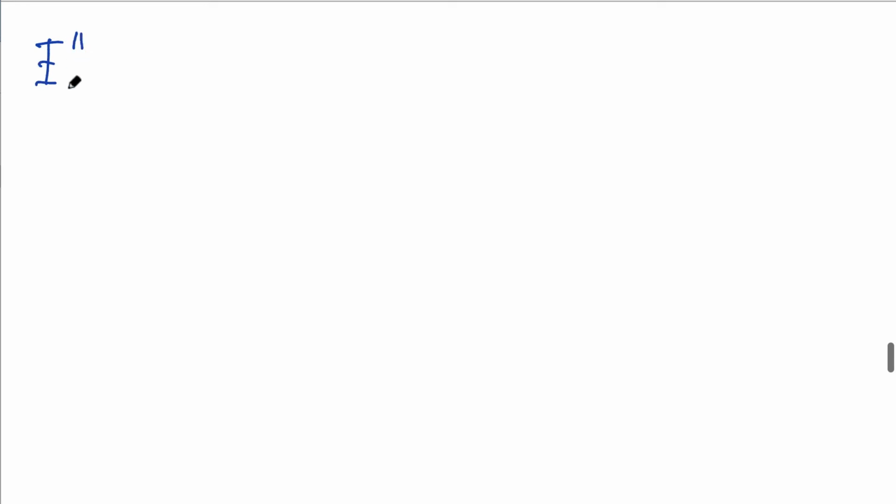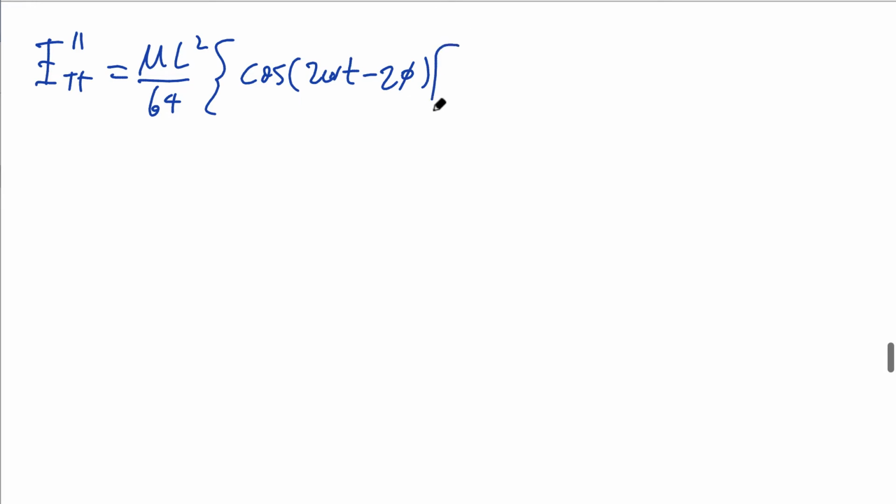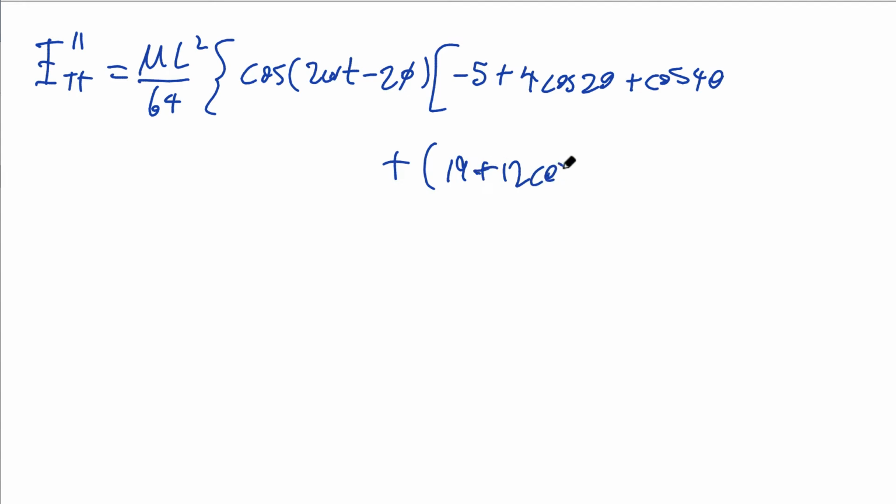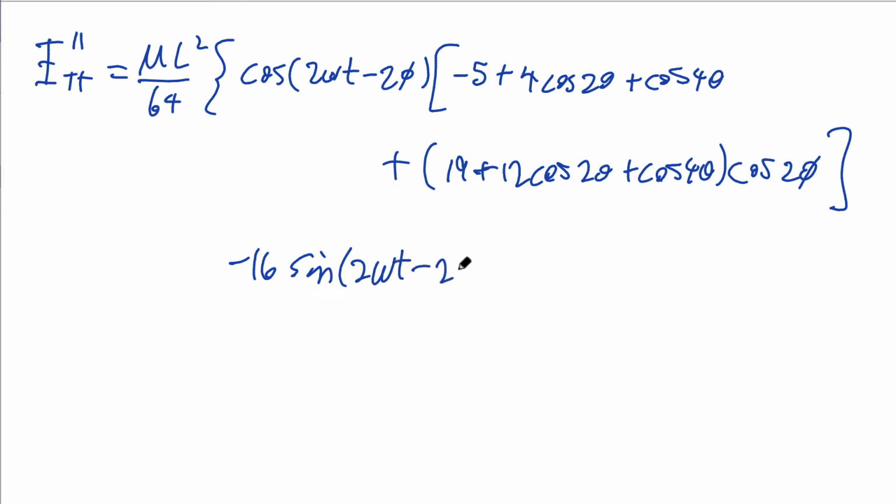So I bar 1,1 TT is equal to mu times L squared over 64 times cosine of 2 omega t minus 2 phi times the quantity minus 5 plus 4 cosine of 2 theta plus cosine of 4 theta, plus 19 plus 12 cosine of 2 theta plus cosine of 4 theta times cosine of 2 phi, minus 16 times the sine of 2 omega t minus 2 phi times 1 plus cosine of 2 theta times sine of 2 phi.